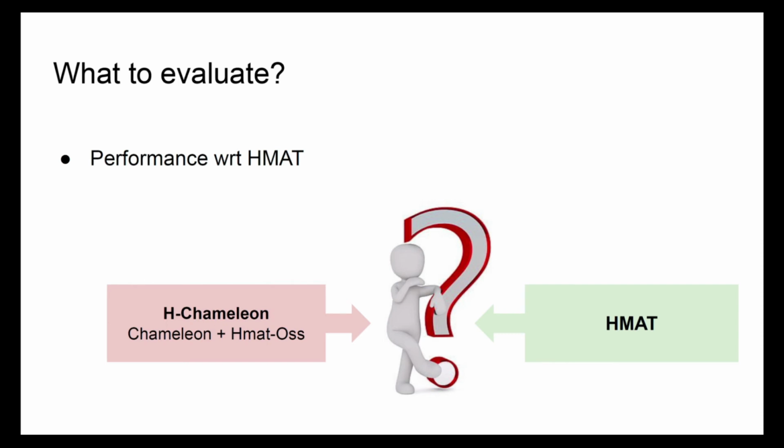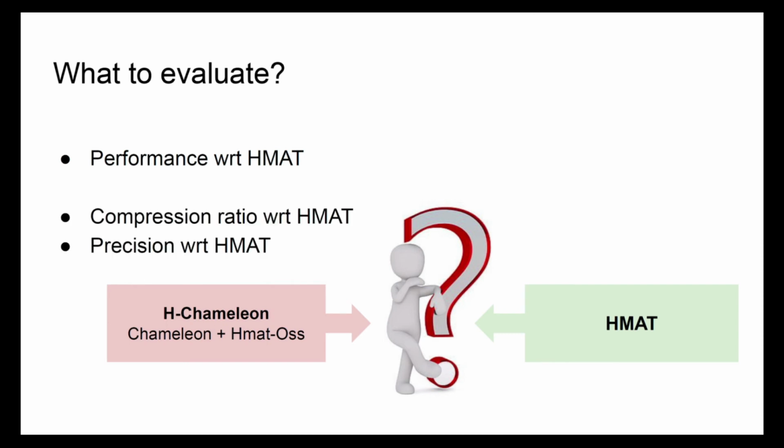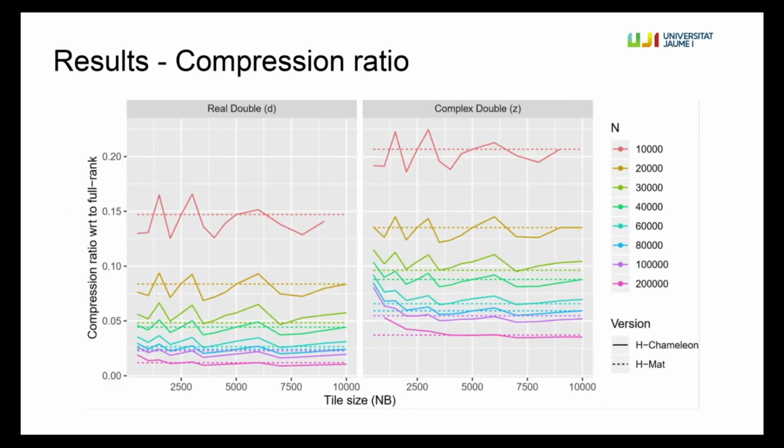We did not only want to evaluate the performance, but also the compression ratio and the precision, because this way we can see if having a tile plus H structure instead of a pure H-matrices structure affects the compression or the accuracy that we can get. In these plots, we represent HMat results in dashed lines and H-Chameleon in full lines.